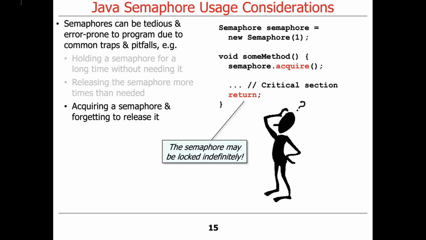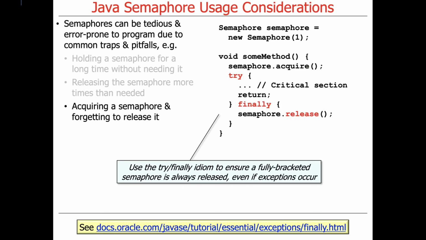Another problem is to acquire a semaphore and then forget to release it somewhere. So here we have a semaphore with a value of 1, and then we go ahead and call acquire, and then somewhere along the way we return, and we had intended to release the semaphore, but the return causes the semaphore not to be released. And this is also why you would want to use try finally blocks to make sure that doesn't happen.